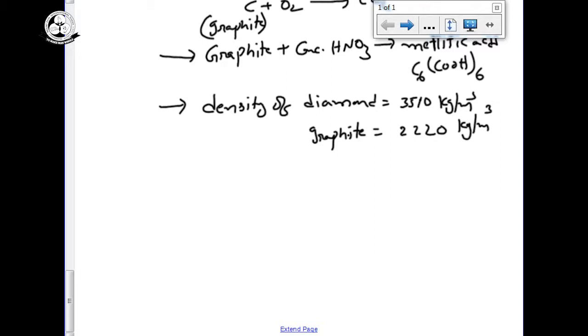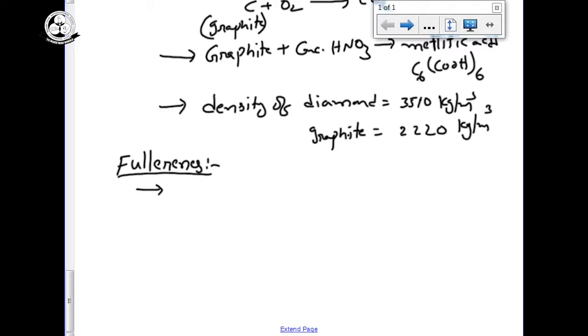And the third most important crystalline form of carbon is fullerenes. For the diagram of fullerenes, you have to imagine a soccer ball like structure.